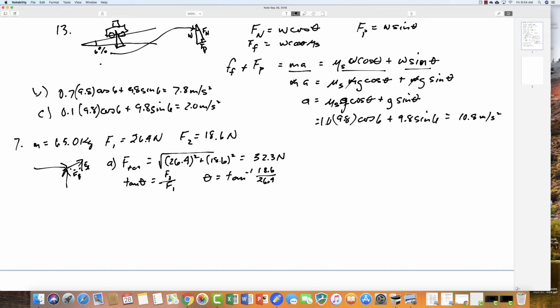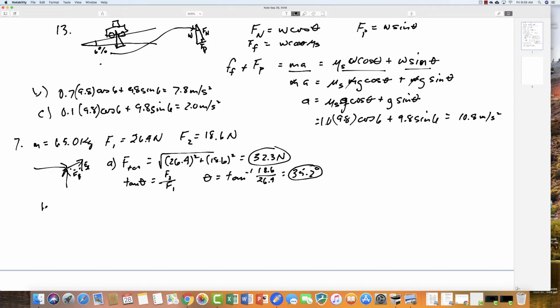Sometimes the inverse tangent is called the arctangent. If you do that calculation, you get 35.2 degrees. So the total here is a magnitude of 32.3 newtons and a direction of 35.2 degrees above the horizon.